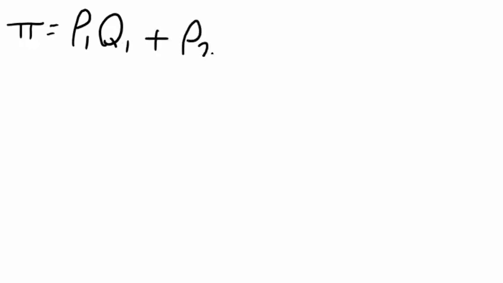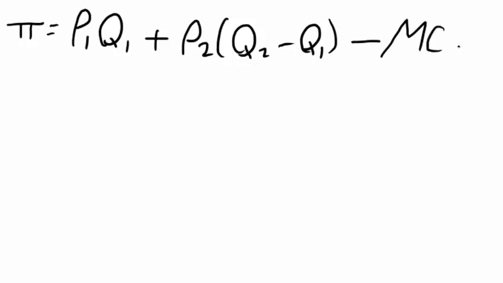After all that information, we can now form our profit function, which is P1 times Q1, or the area of our first block, plus P2 times the quantity of Q2 minus Q1, which is the area of the second block. We take out the area of the first block that intersects with the area of our second block, so we don't double count, and then we subtract out marginal cost times Q2, so we take out our costs.